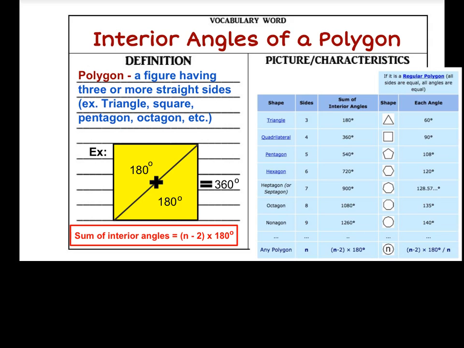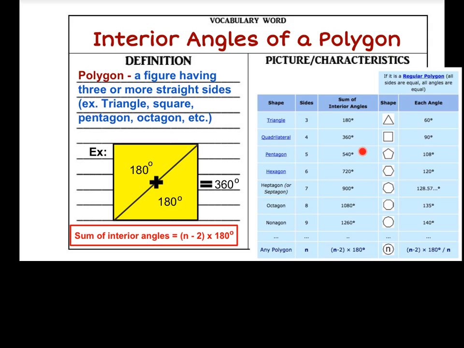If we were to draw a pentagon and draw the triangles that are made from that pentagon, you would know that it makes three triangles. So 180 plus 180 plus 180 is equal to 540. A hexagon makes four triangles, and so 180 times 4 is 720. And then so on and so forth.